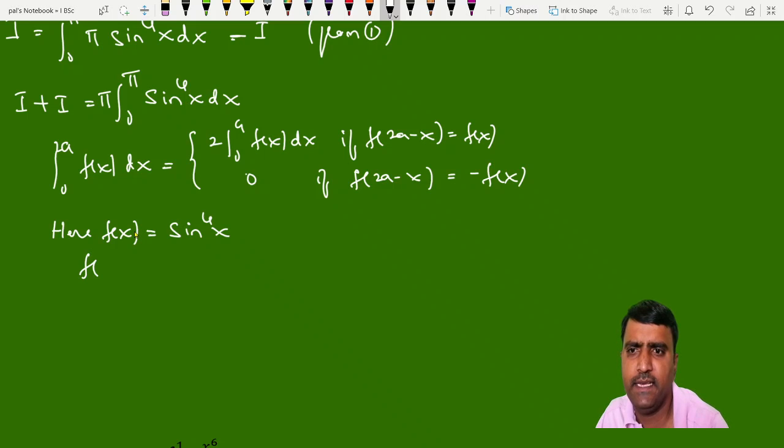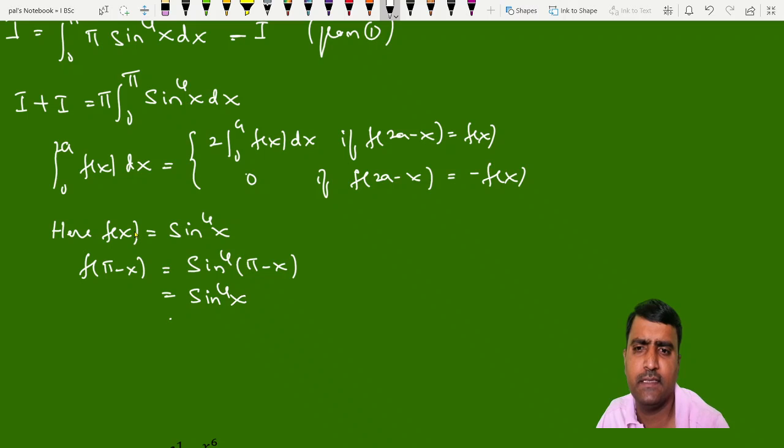F of 2a minus x is f of pi minus x. F of pi minus x is sine to the power 4 of pi minus x. We already checked this property, so sine of 180 minus theta is sine theta. So you can write it is sine to the power 4x. Sine to the power 4x means it is f of x. So f of pi minus x is f of x.